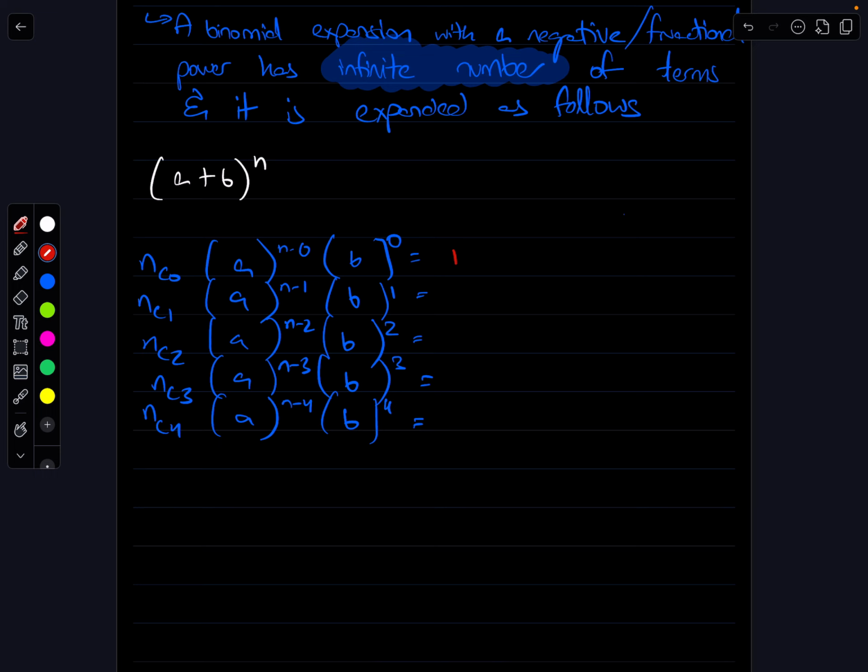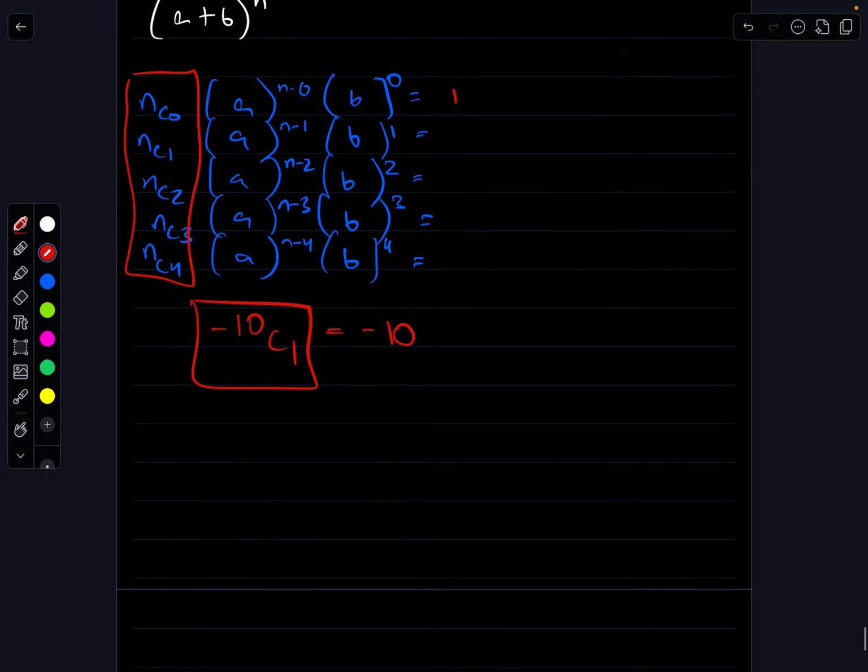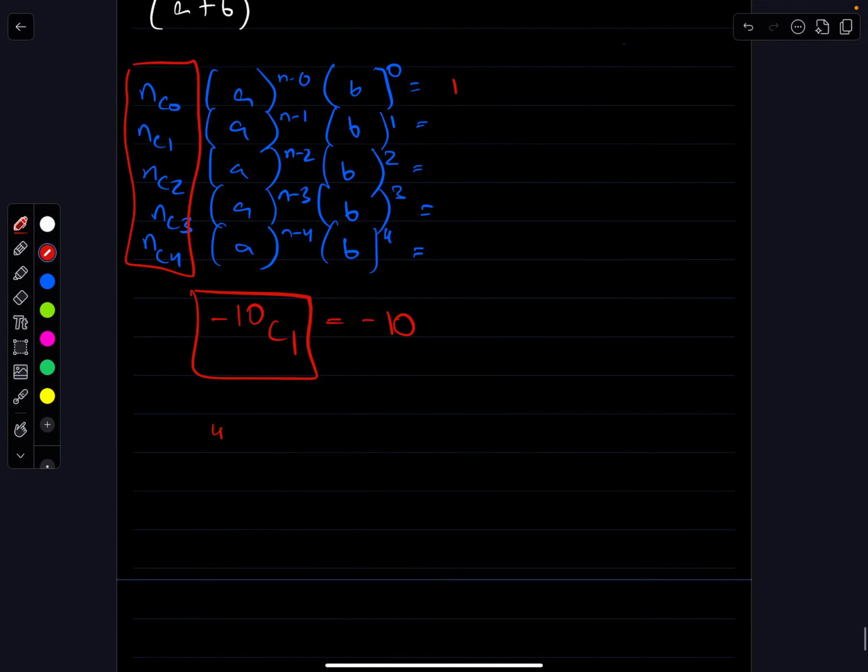And appreciate the fact that if you write something like, let's say, minus 10 C1, which should essentially be the thing itself, like minus 10, your calculator will not be able to calculate this. Similarly, if you write something like 4 over 3, that is a fraction, C1, that should again be the thing itself.